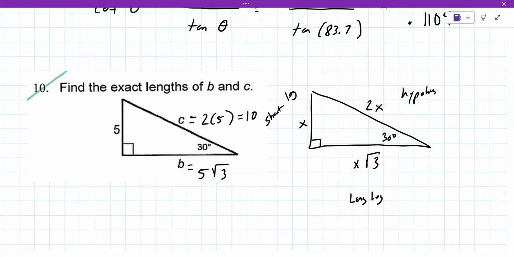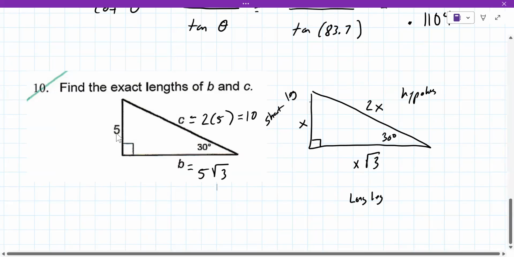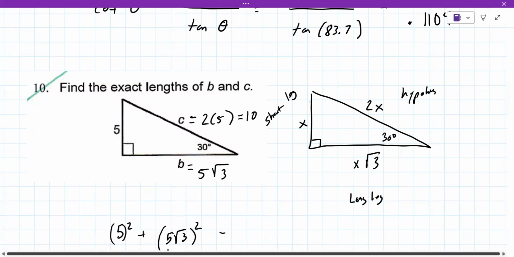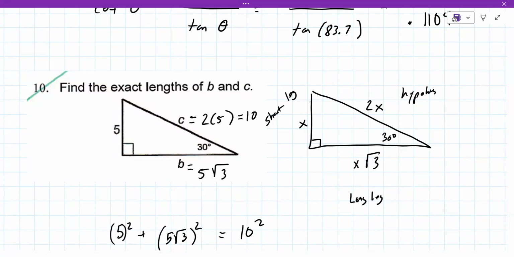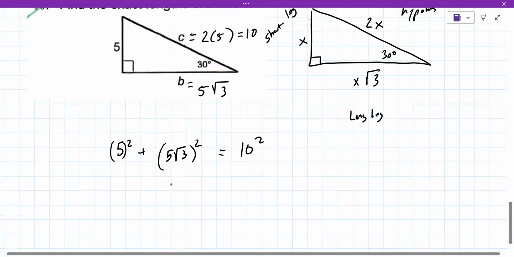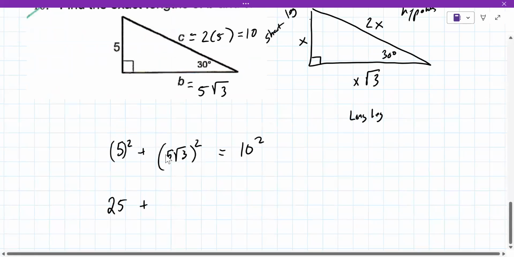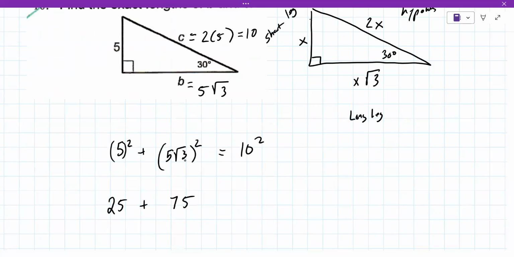So to prove that this works, it's not really a proof, but if you were to square 5, and square 5 square root of 3, and square 10, this would work. So this is 25 plus, 5 squared is 25, square root of 3 squared is 3, times 25 is 75.